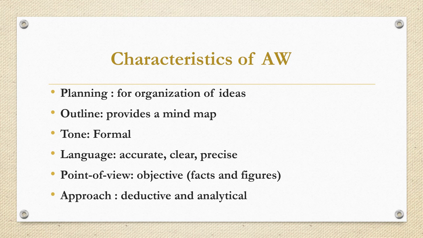The characteristic is that it should have deductive reasoning. Deductive means that one has to go from general to specific. Just like in the class I told you about the triangle whose one point or tip is towards the bottom. So that means deductive approach.